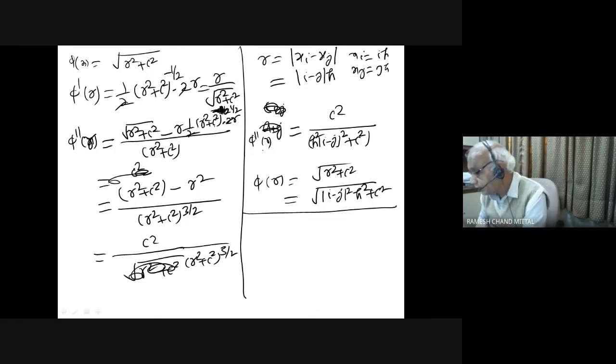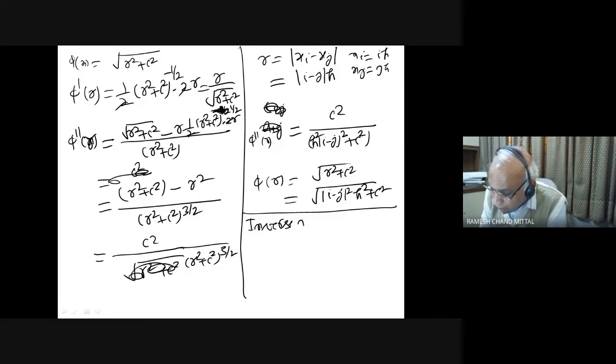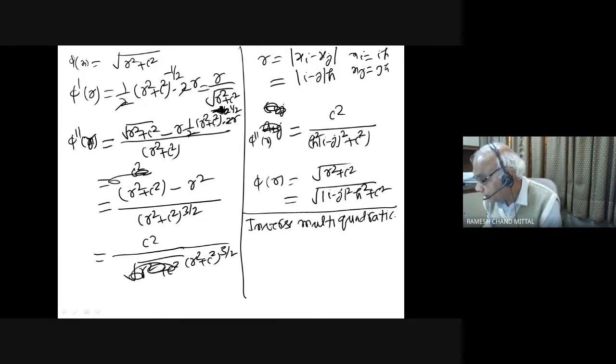Now, suppose I take my function h as inverse multi-quadratic. Then I have the same kind of function which I can write.